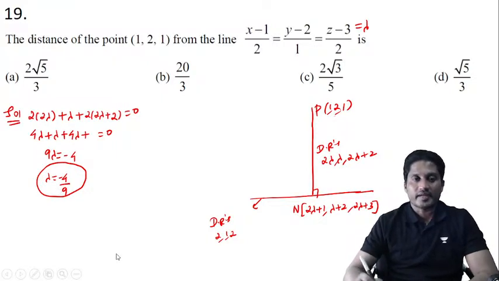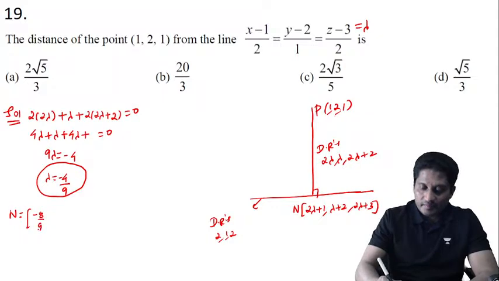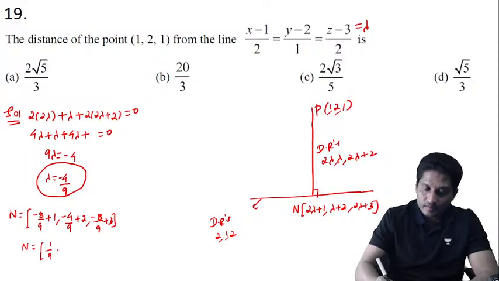Lambda is minus 4 by 9. Now this foot of the perpendicular, if I substitute, this is minus 8 by 9 plus 1. Then this is minus 4 by 9 plus 2. Then this is minus 8 by 9 plus 3. This foot of the perpendicular will be 1 by 9, 14 by 9.